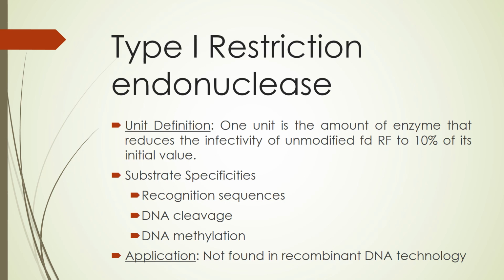The general structure consists of a specific heptameric sequence divided into a trimer and a tetramer by a non-specific spacer sequence of fixed but different length for the two enzymes.